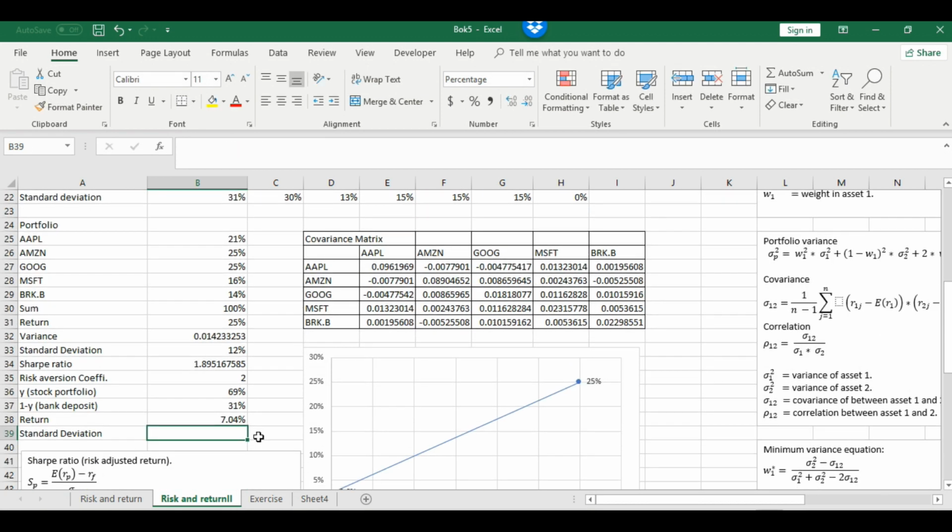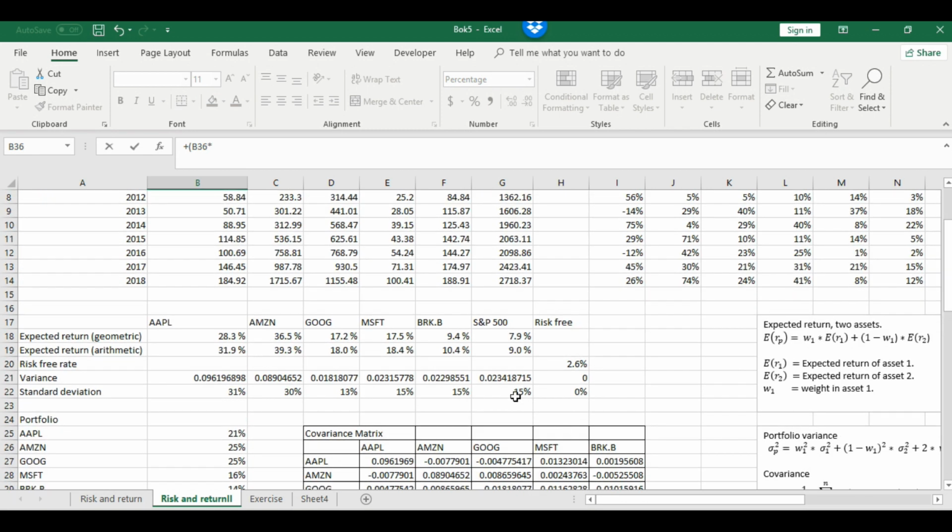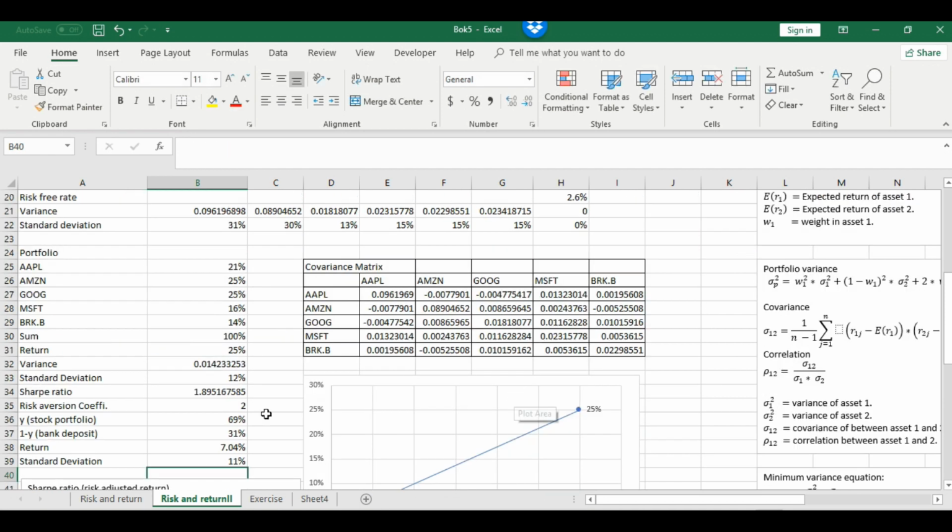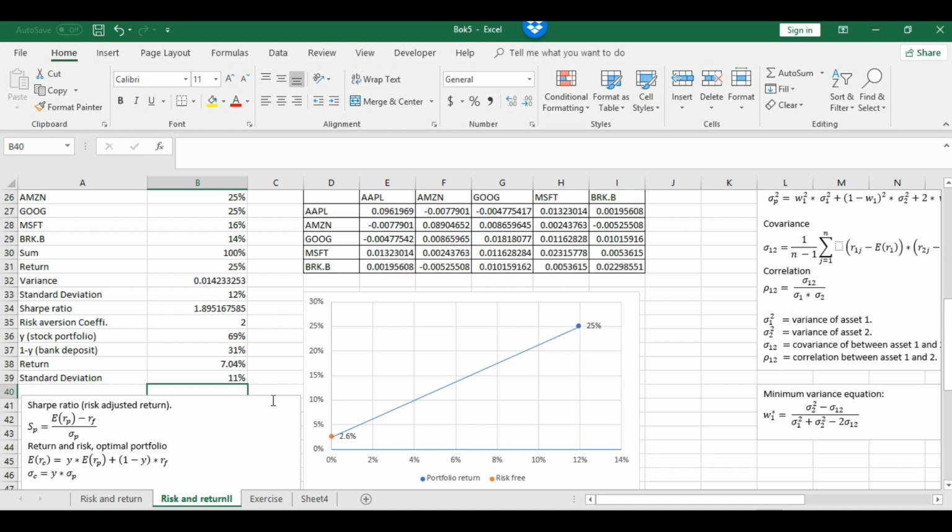This gives the expected return of 7.4%. And for standard deviation, you just take the weight of the S&P 500 multiplied by the standard deviation of the S&P 500. This gives a standard deviation of 11%. So for an investor with a risk aversion of 2 and who believes that the returns from the S&P 500 are representative for future return, this allocation is the most optimal trade-off between the risk and return.